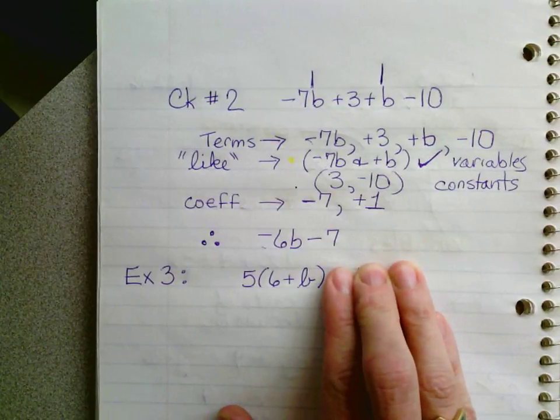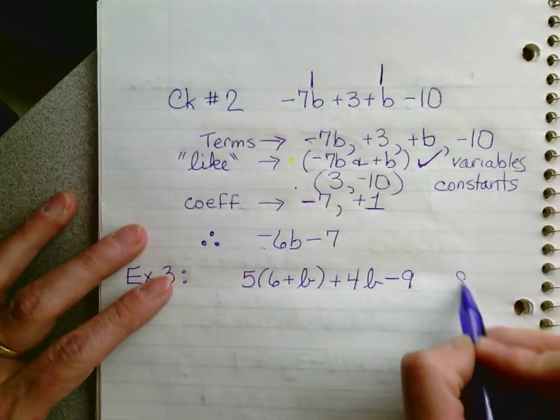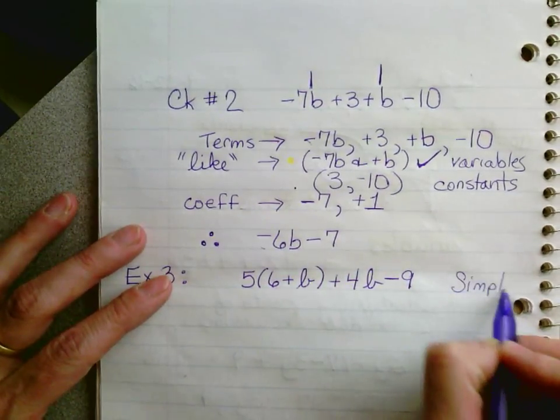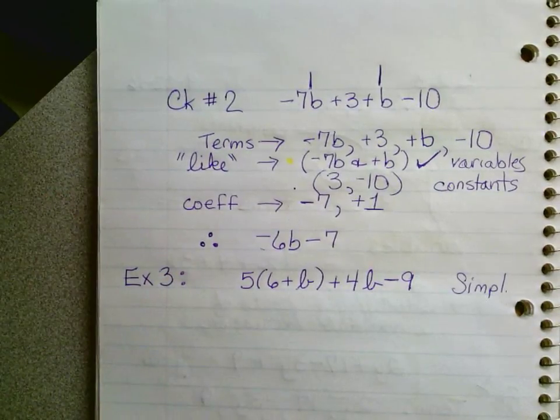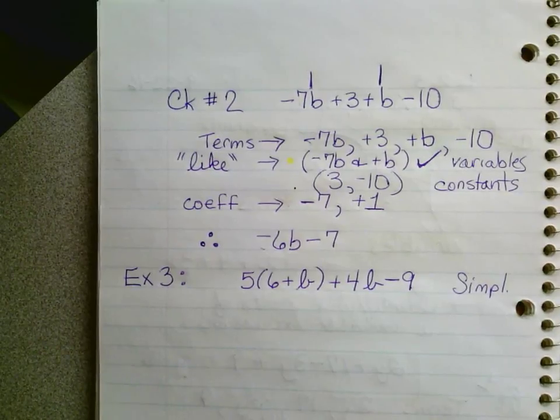That's an example of distributing. But if I say simplify this mess, you're going to have to combine all the like terms, but it's a process. We're going to start by cleaning this up and gathering body parts. In other words, gathering all of our variables and gathering all of our numbers.